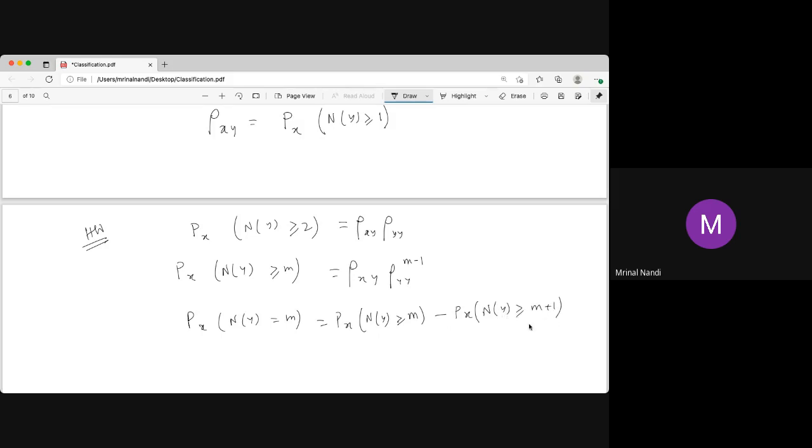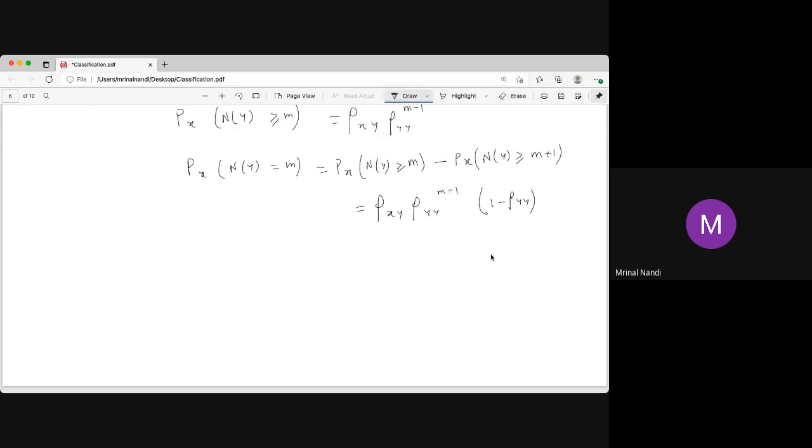If you take the difference, that will be just Ny equal to m, and you will find this is rho xy times rho yy to the m minus 1 times 1 minus rho yy. So you can write all this probability in terms of rho xy.